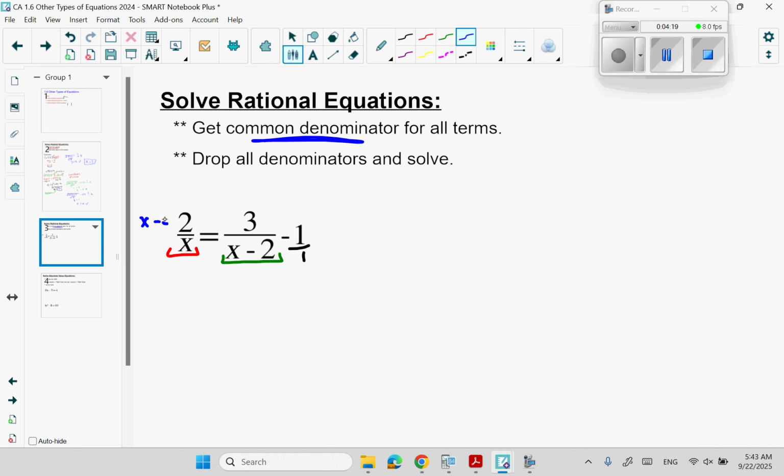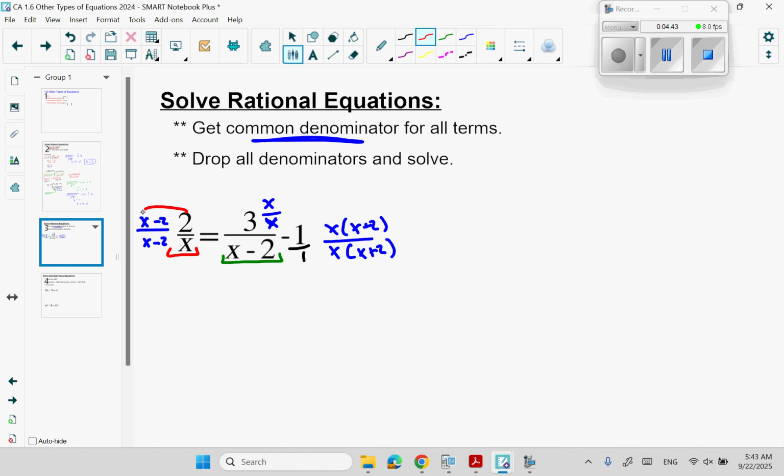So I'm going to multiply that by x minus 2 over x minus 2. This second fraction has x minus 2, but it doesn't have x alone as a factor. So I'm going to multiply that one by x over x. And this third one doesn't have either of them, so it needs the x over x as well as x plus 2 over x plus 2.